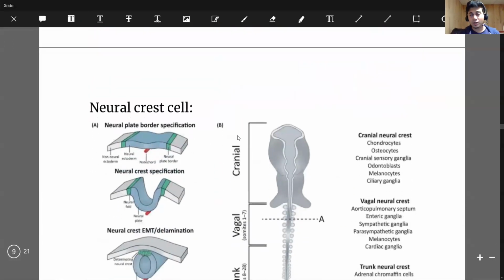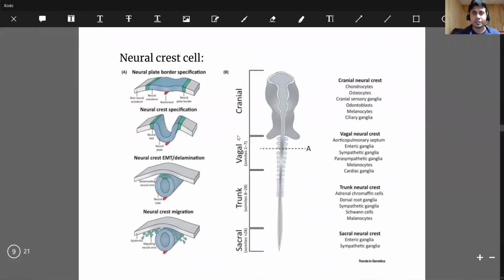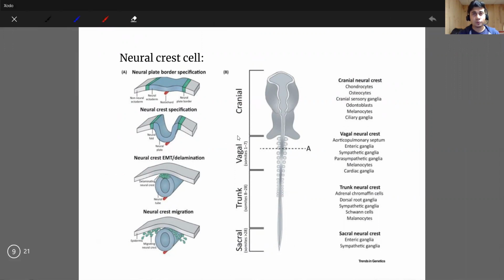Now, we read about neural crest cells every time, but what is this neural crest cell? As you can see here, this is the origination point of the neural crest cell. If you remember from your embryology, when we were growing as an embryo, at some stage of our development there was a two-layered embryo, like this, right?